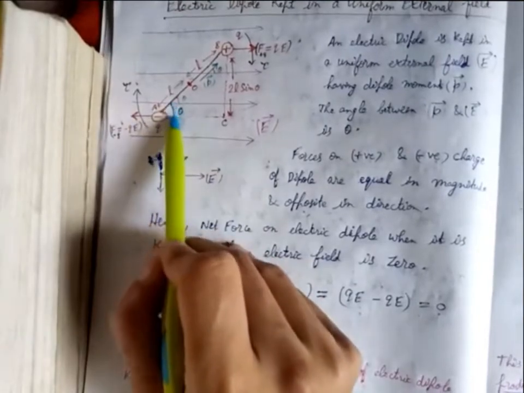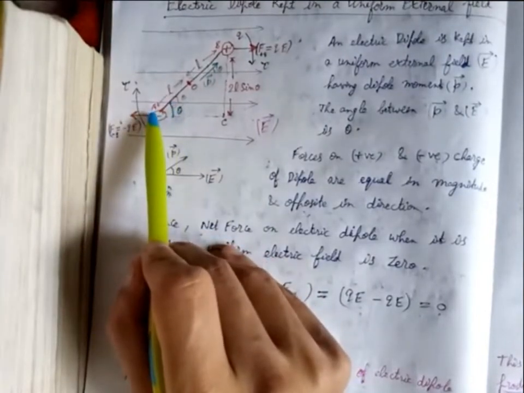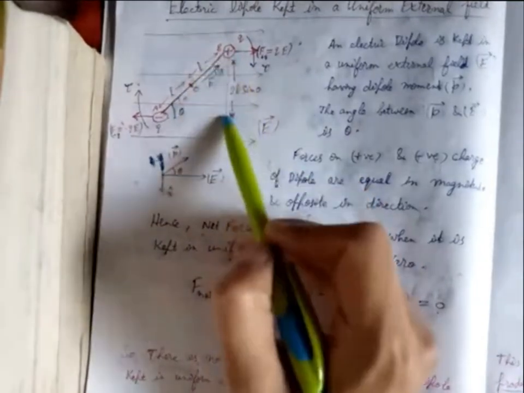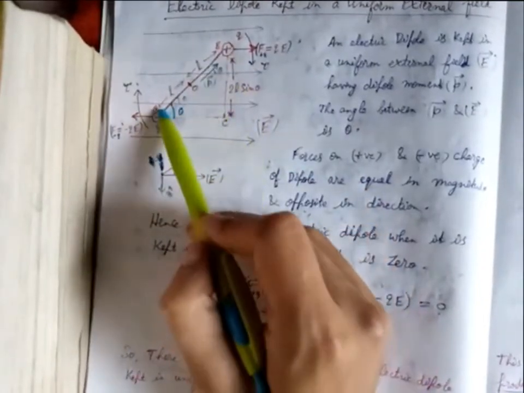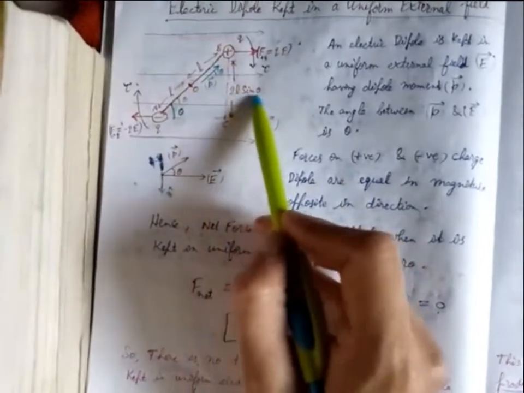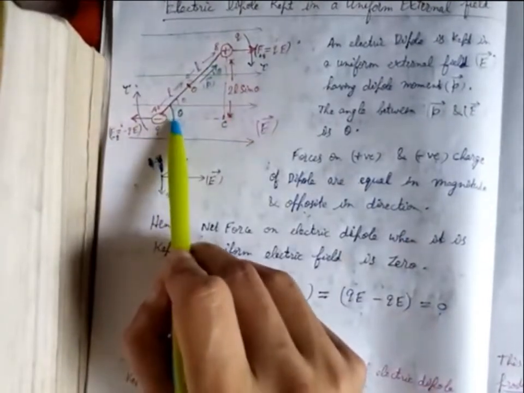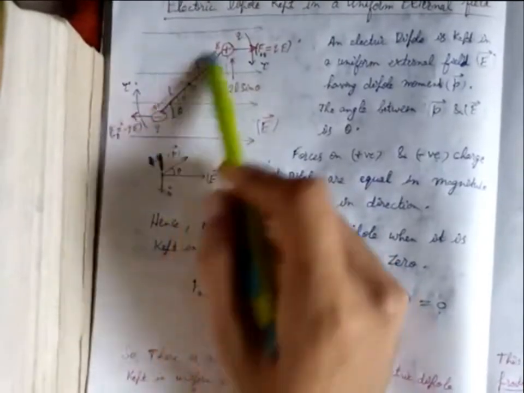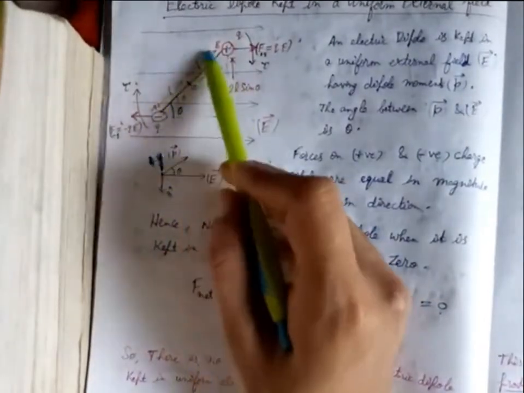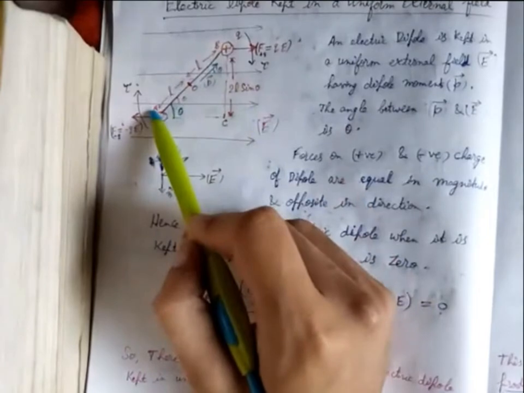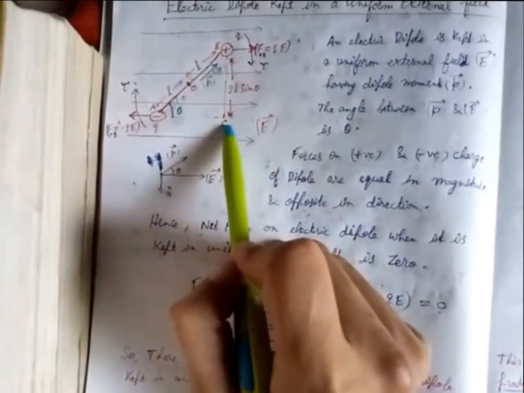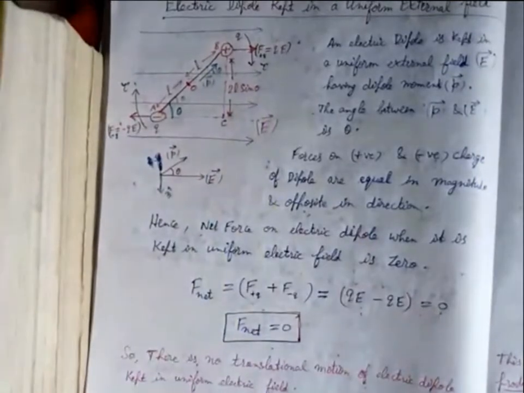In this triangle ABC, sin theta will be BC upon AB, so this BC will be 2L into sin theta.